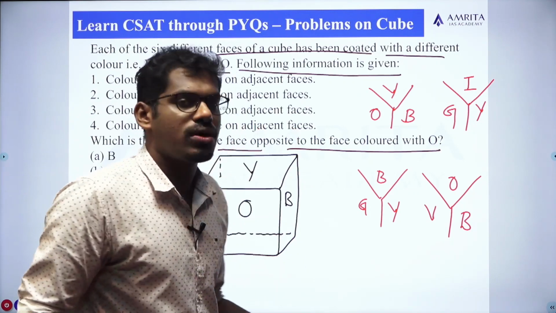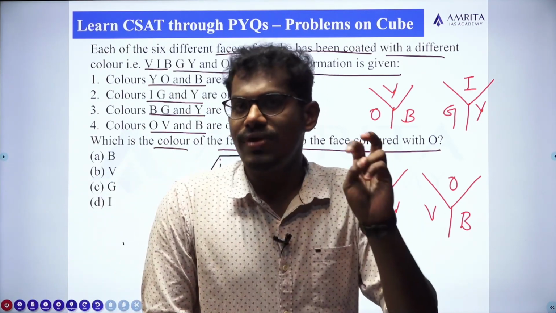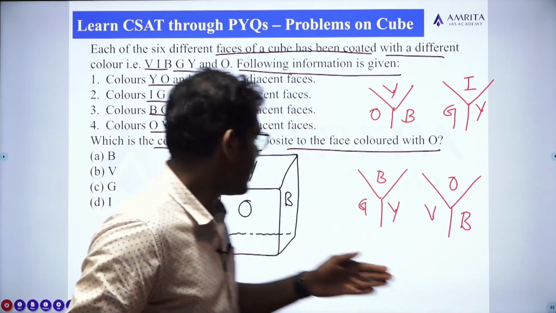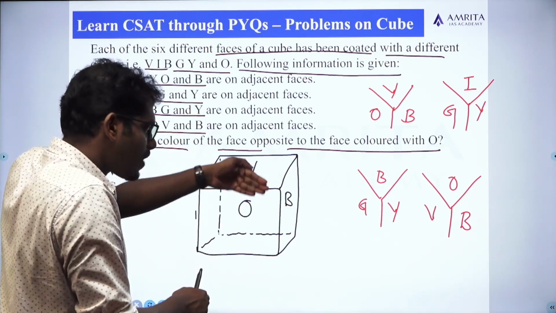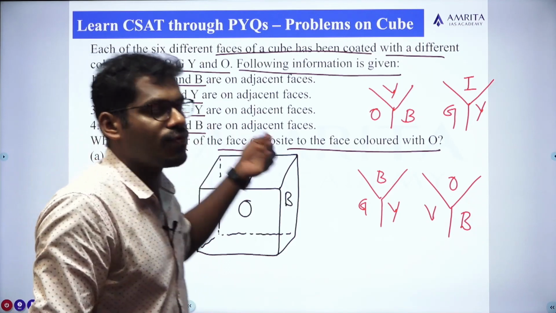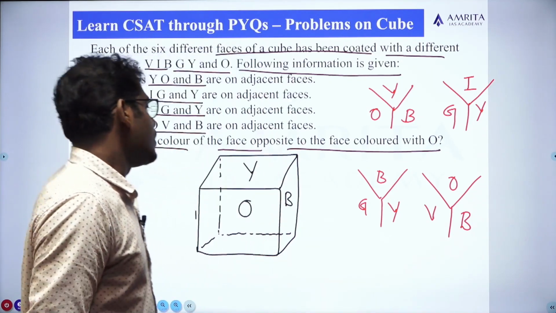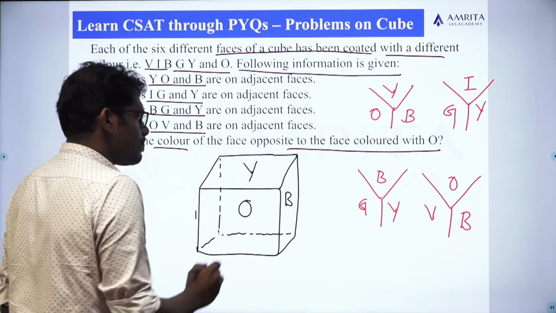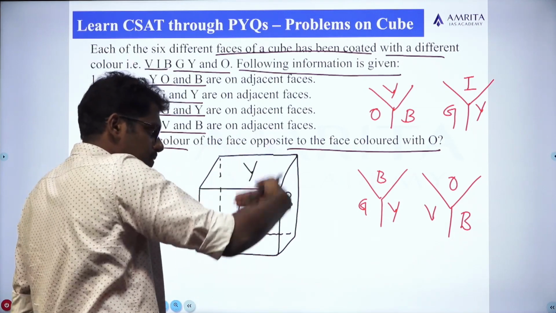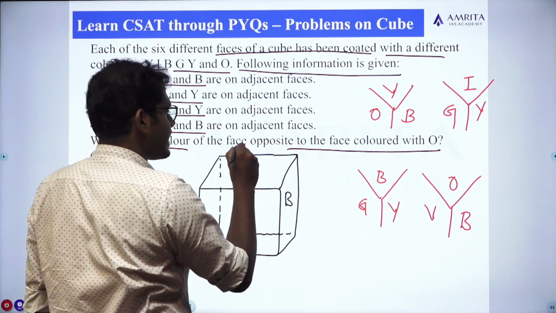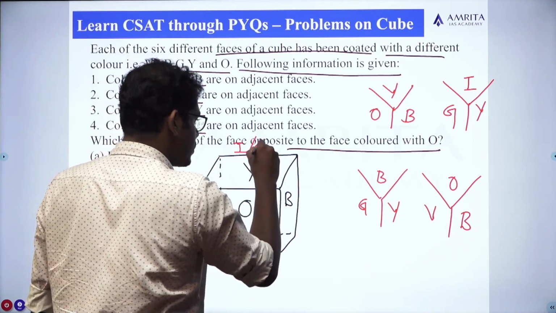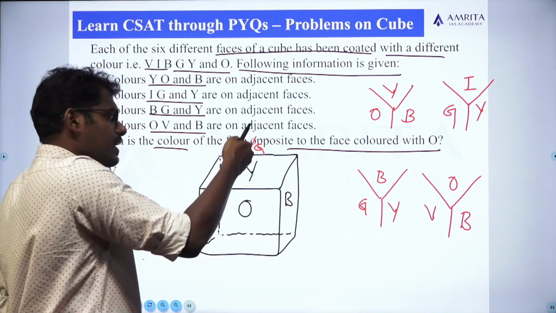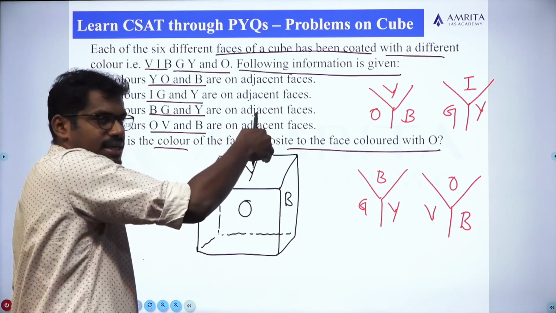The right face is already colored with blue. So now we are left with only 2 faces. The left face, that is the face opposite to that of B, and the back face, that is the face opposite to that of O. Clear? Okay. So the back face can be what? It can be I or G, because both I can come here and G can come here.